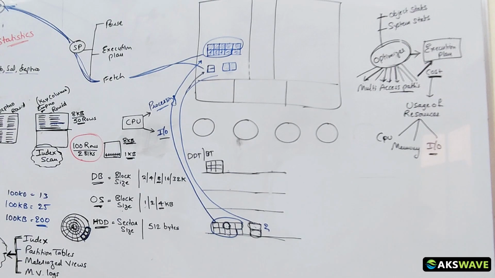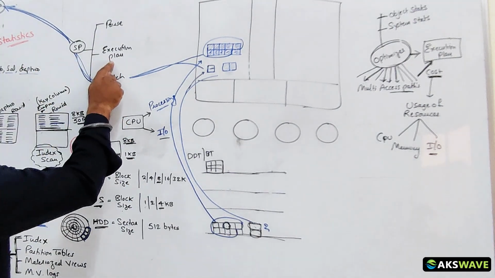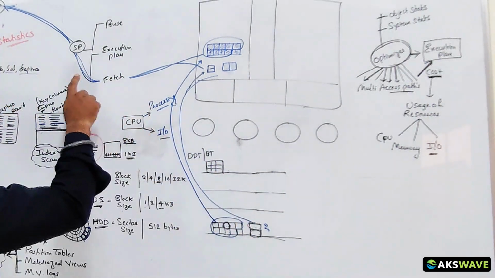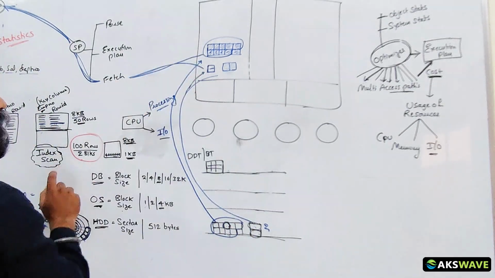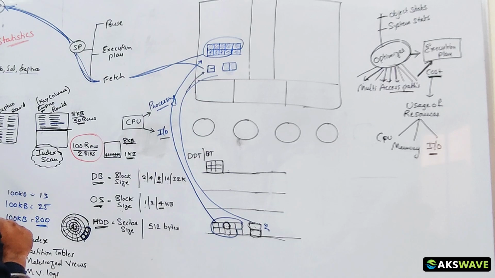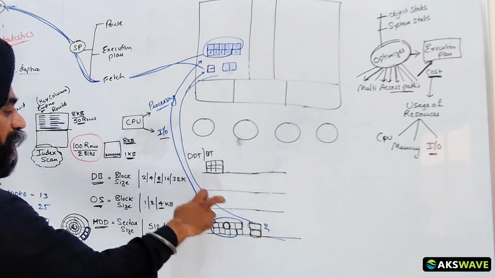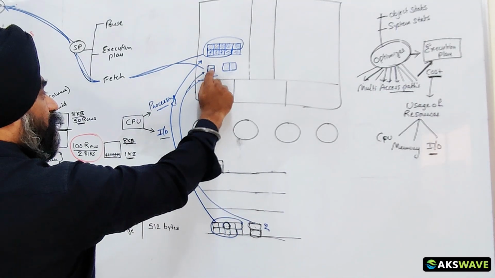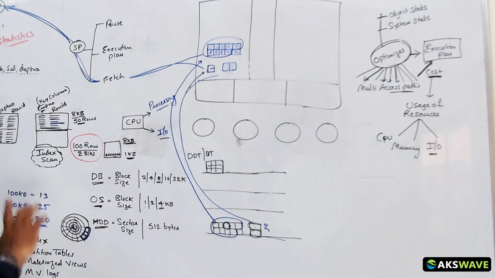Based on those calculations, optimizer will choose the one, and that plan is given to the server process. Server process job is to simply follow the plan and get the data. So now who is bringing these blocks, index blocks, table blocks? Server process only. Server process is responsible to bring these blocks, and then take the values from the block and return it. Fetch operation is also done by the server process. Understood?